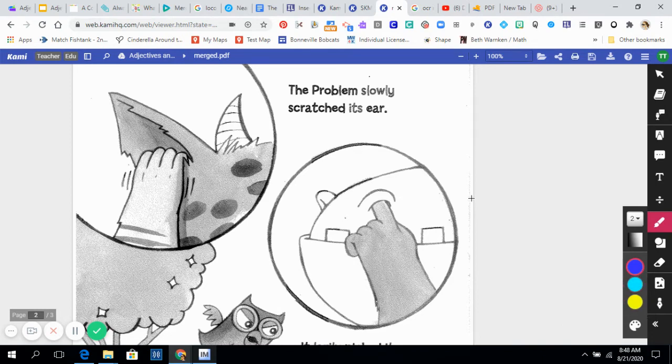I'm going to get a blue because we always do our adverbs in blue. Slowly scratched, and it is describing how it did something. And it is an adverb. And notice that it has that ly on the end.